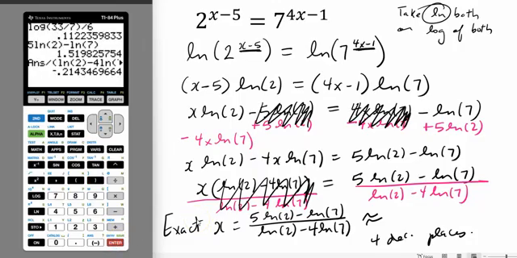And so my answer is going to be to 4 decimal places. So that 4 will not change anything. Okay, so there's my exact answer, and there is my approximation.